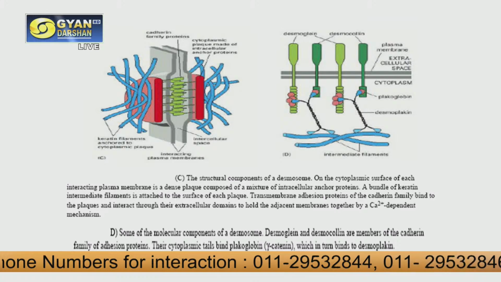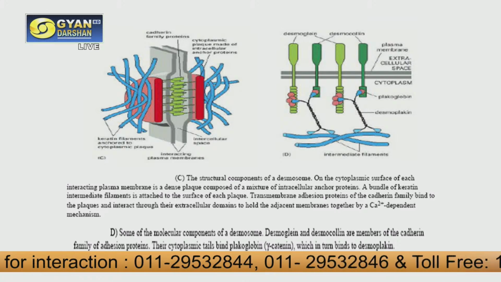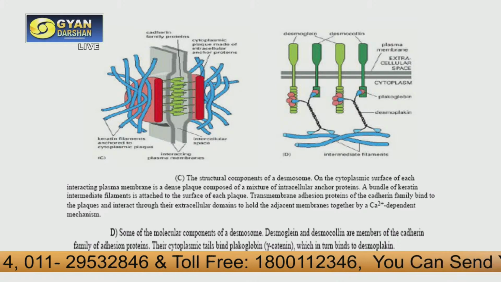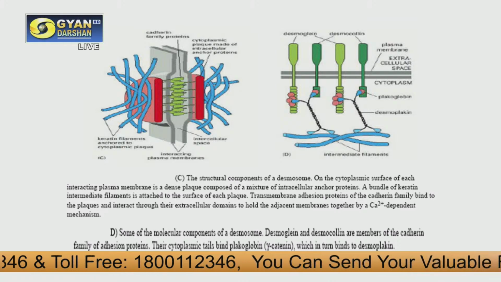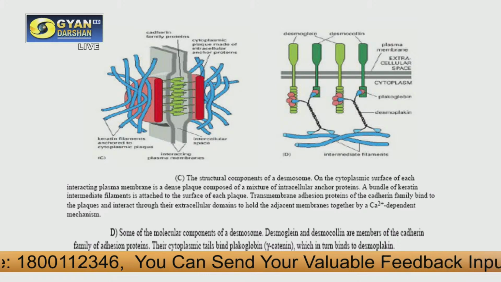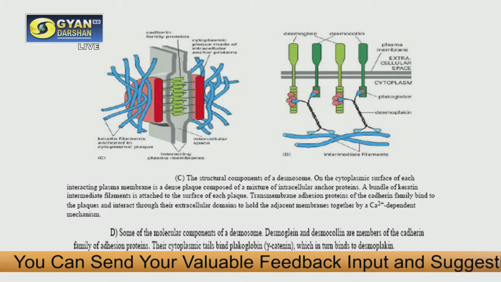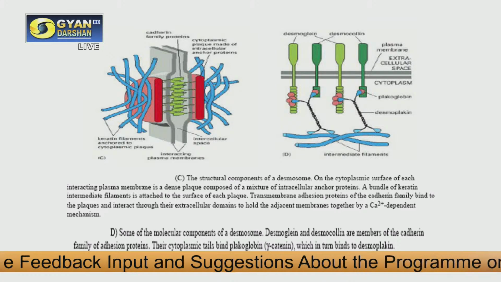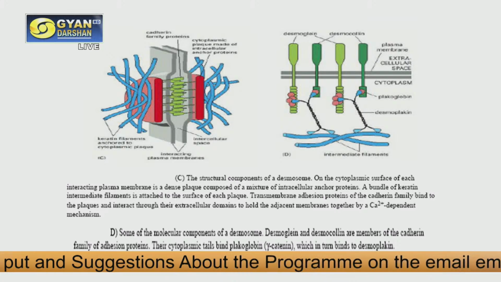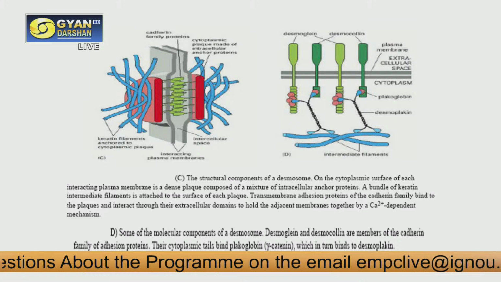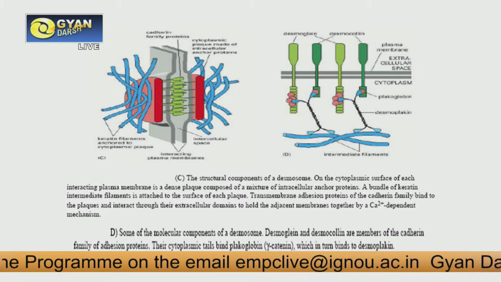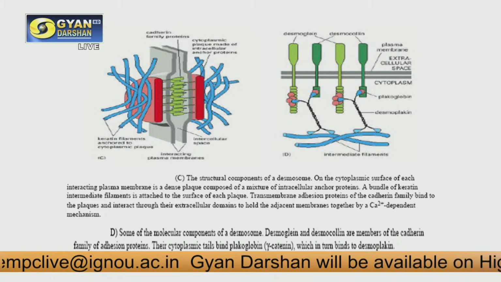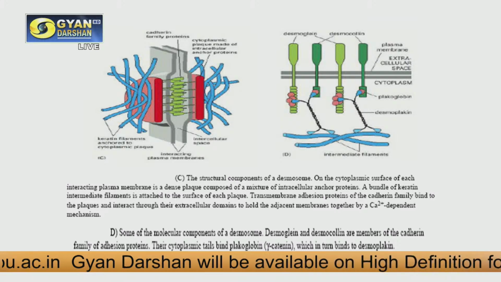And in the tail portion, you find certain proteins called plakoglobin. This is another protein. Desmoglein and desmocollin are cadherin family adhesion proteins. Their cytoplasmic tail binds plakoglobin. Plakoglobin is similar to gamma catenin, the protein that we named as catenin in the case of cadherin.